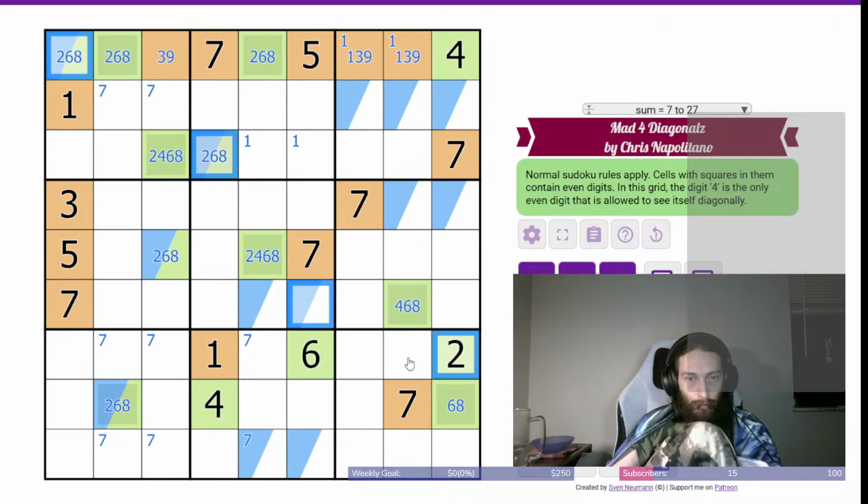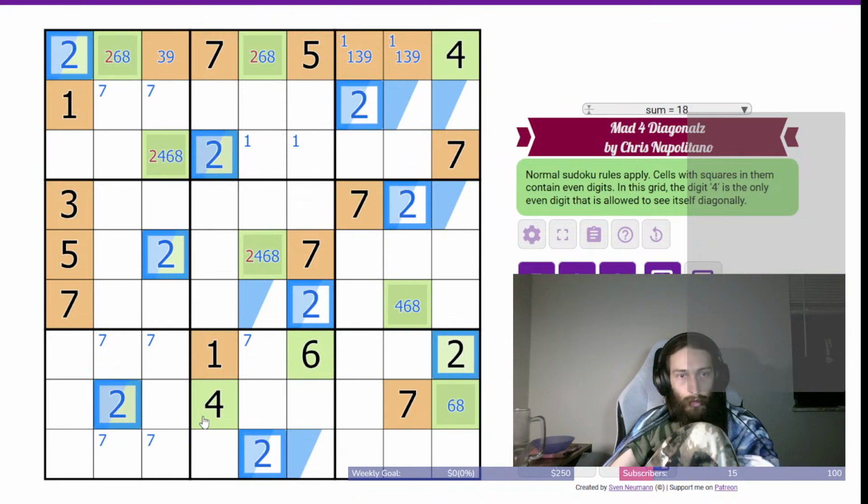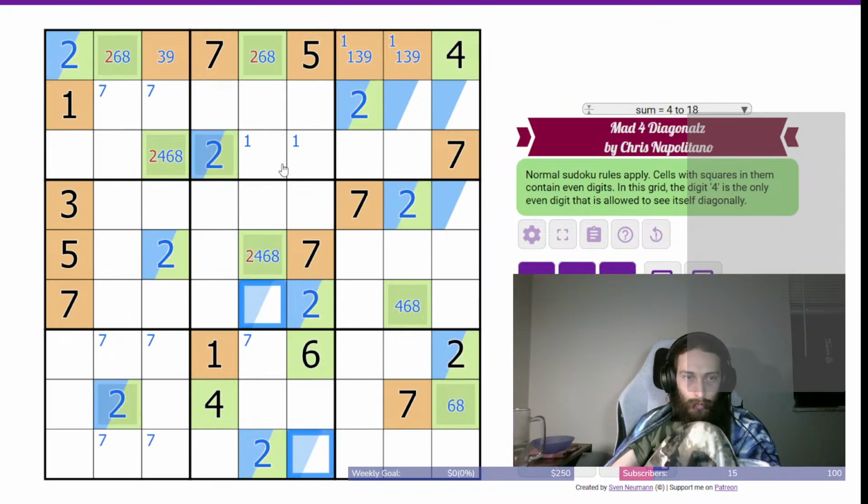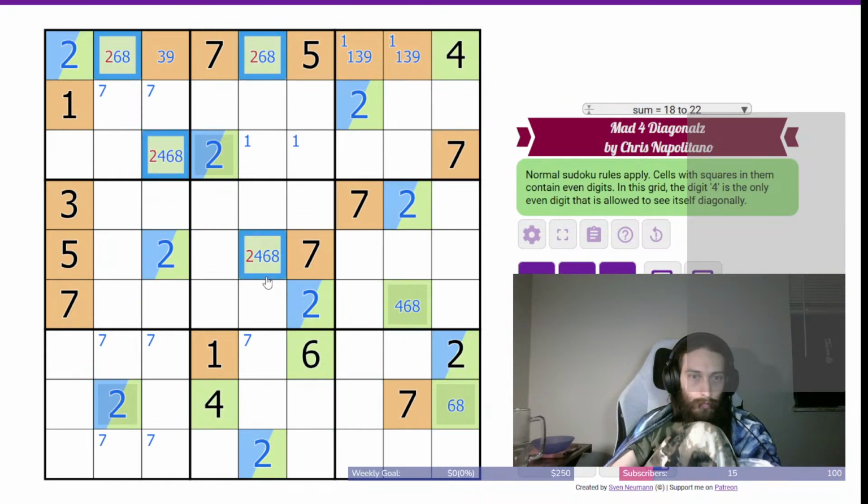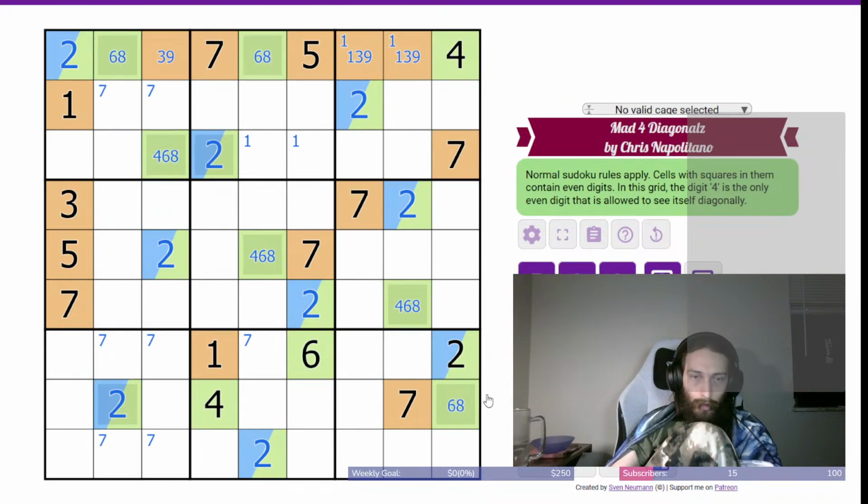And it rules it out of that one. So these are our blue number is 2. If we're interpreting that rule correctly.